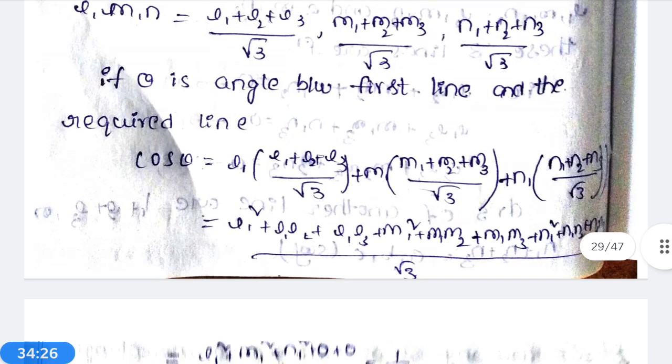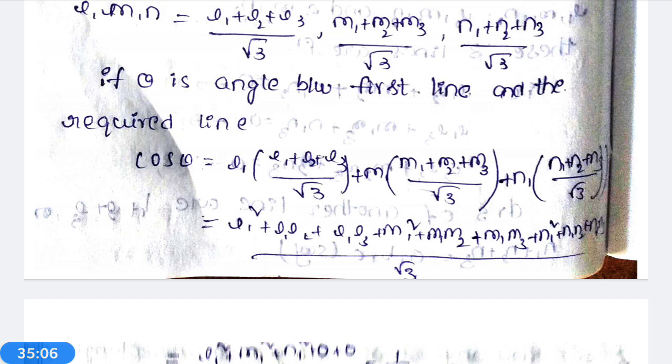If theta is the angle between the first line and the required line, then cos theta is equal to l1 l plus m1 m plus n1 n. That is, l1 into (l1 plus l2 plus l3) by root 3 plus m1 into (m1 plus m2 plus m3) by root 3 plus n1 into (n1 plus n2 plus n3) by root 3. On simplification, it will give 1 by root 3. Cos theta is equal to 1 by root 3. Theta is equal to cos inverse 1 by root 3.